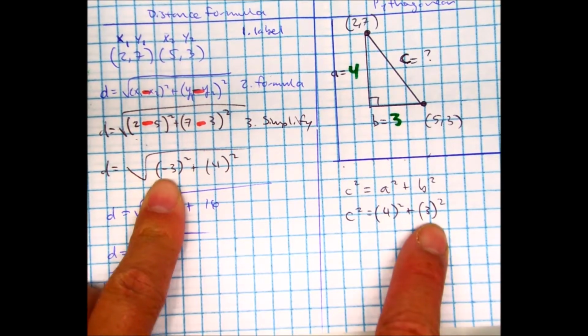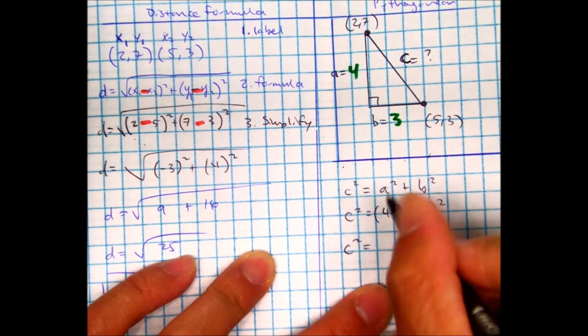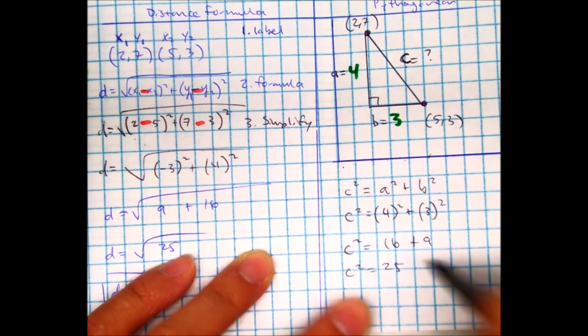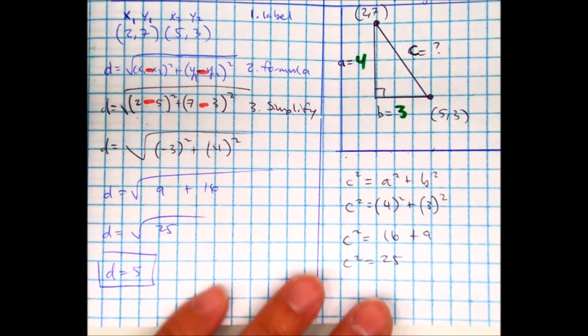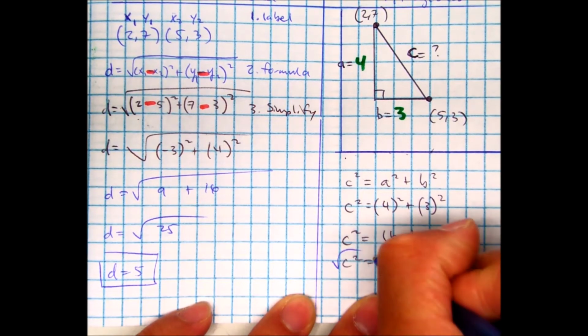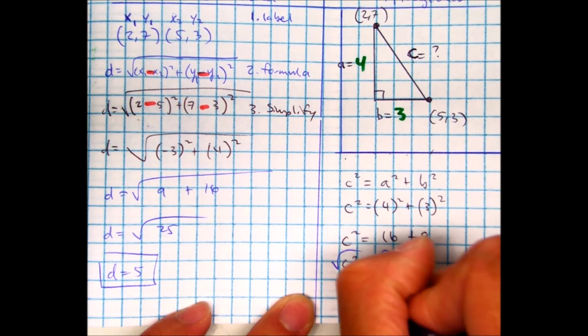Negative 3 squared is the same thing as 3 squared. Interesting. 4 squared, class? 16 plus 9. C squared equals 25. You take the square root of 25. Oh, we already did it over there. To get rid of the power of 2, you do the opposite of a square, which is a square root. C equals 5.